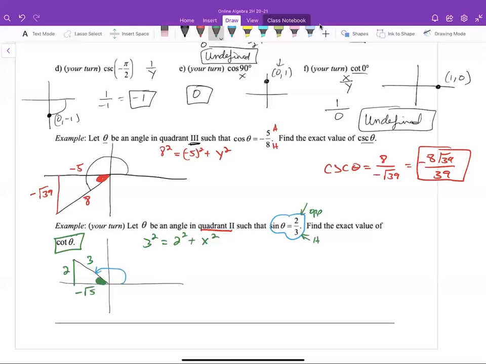Cotangent is related to tangent. Tangent is opposite over adjacent, so cotangent is adjacent over opposite. So cotangent theta is the adjacent to my reference angle, which is negative square root of 5 over the opposite, which is 2. And there is my answer.